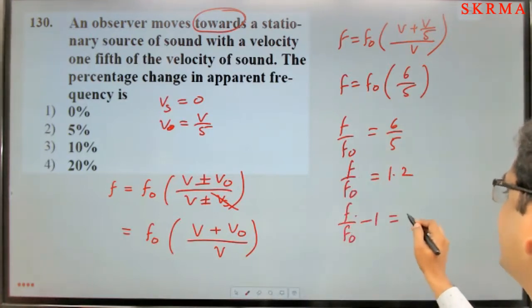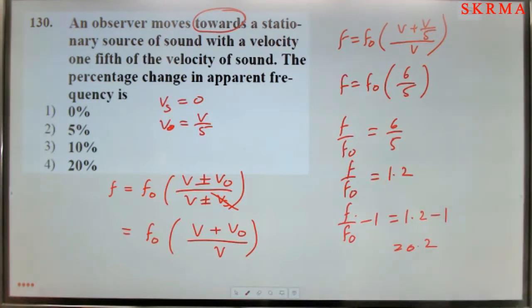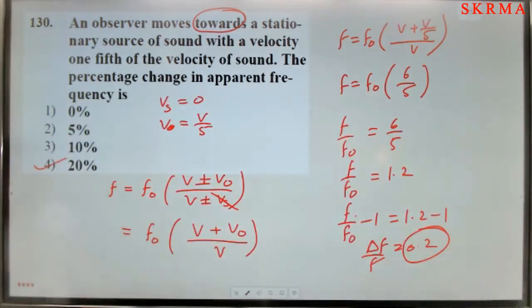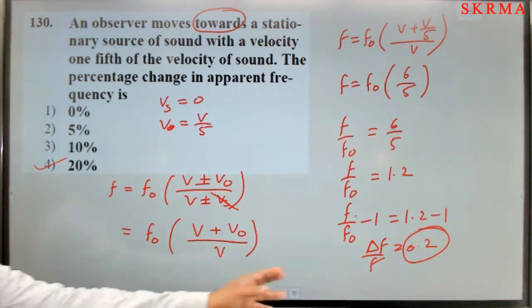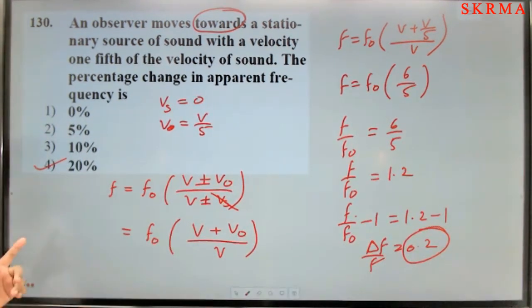So f by f naught minus 1 equal to 1.2 minus 1, that is equal to 0.2. This is the fractional change. Fractional change is 0.2. Percentage change means you have to multiply that with 100. 0.2 into 100, that is 20. 20% is the percentage change.